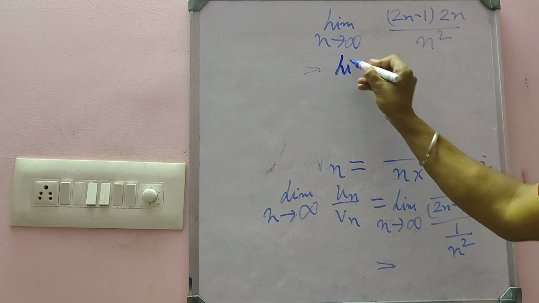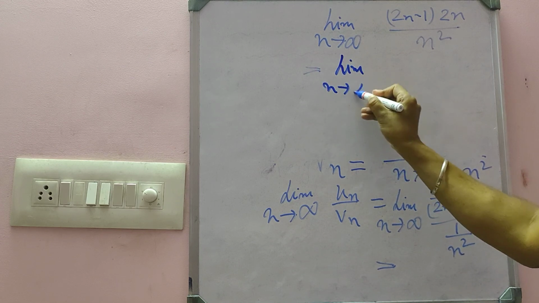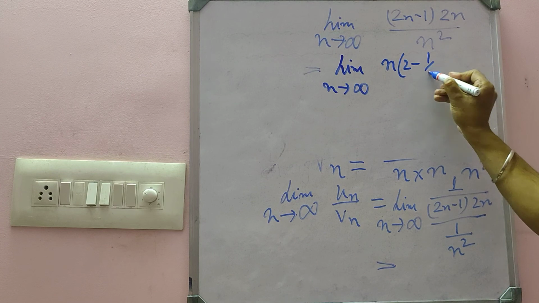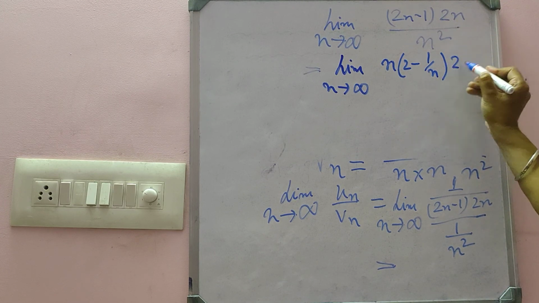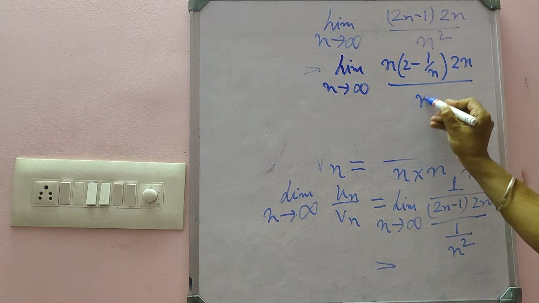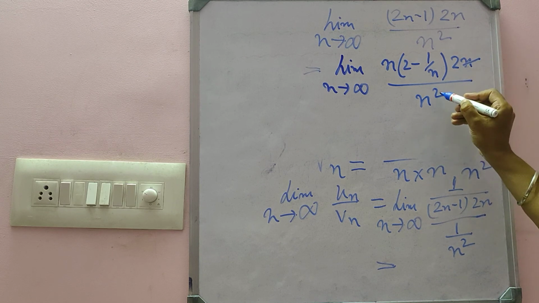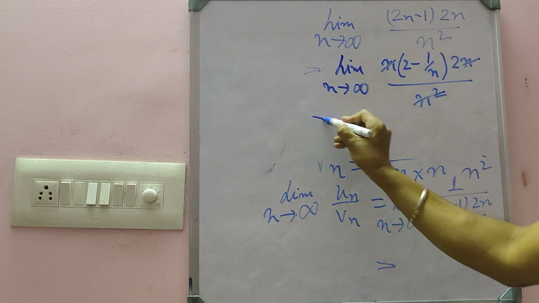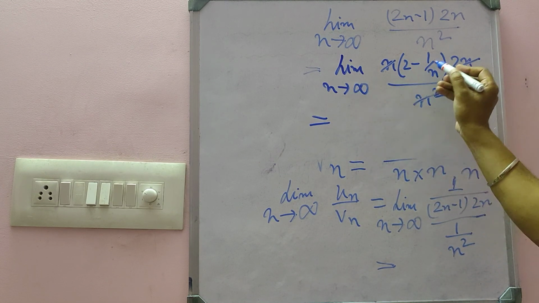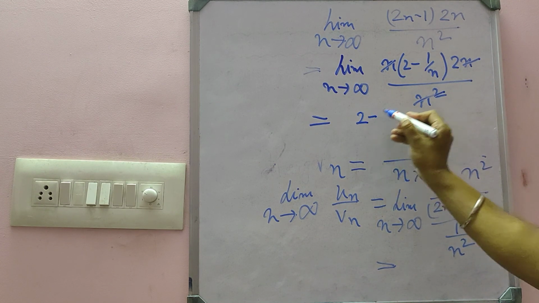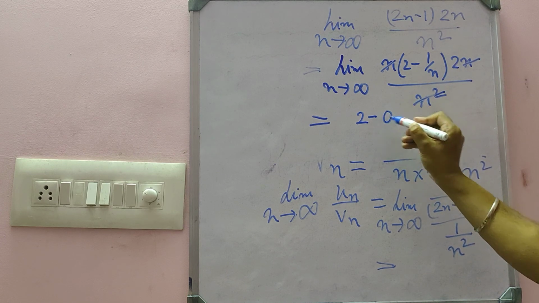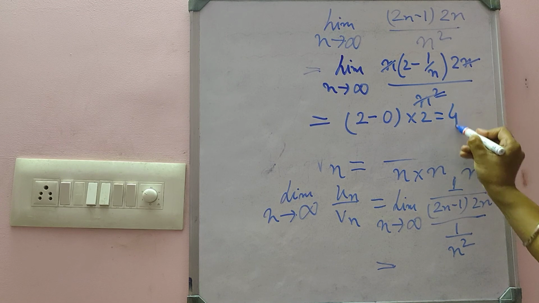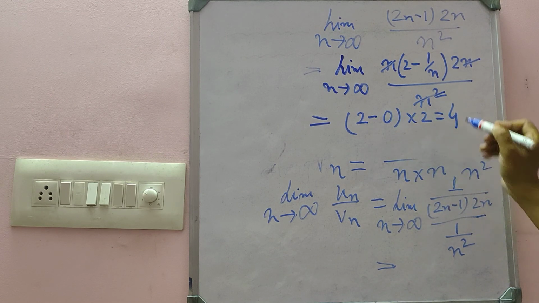So limit n tends to infinity, taking common, it becomes (2 minus 1 by n) into already here 2n, by n square. So this n cancels with this and this n cancels with this. So remaining, now put directly the value of infinity. So 2 minus 1 by infinity is 0, into 2. Value becomes 2 into 2, 4.